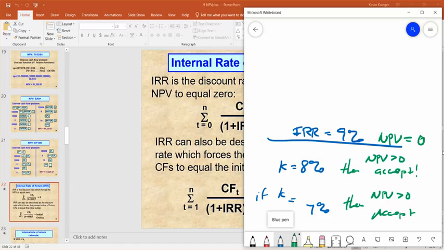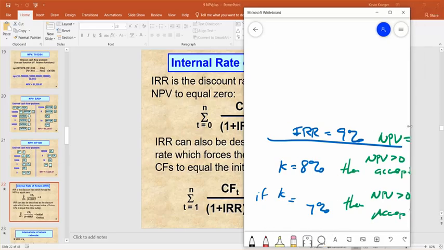That's the whole point. That's what IRR is. Now, the reality is, I think our book especially says that you should go ahead and accept projects when the NPV is exactly 0. I'm not so sure about that. Practically speaking, it's not going to happen. You're going to be dealing with millions, billions of dollars, and you're not going to have an NPV that's exactly 0.0000. Right? But that would still be kind of acceptable based on the ground rules of our book.